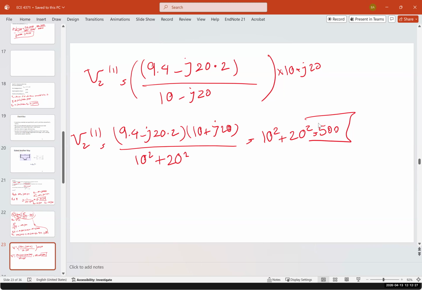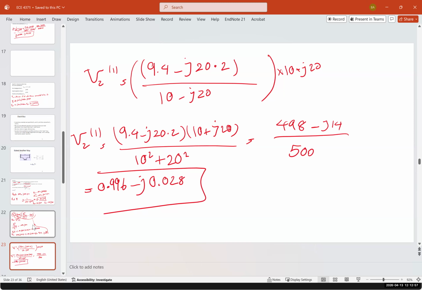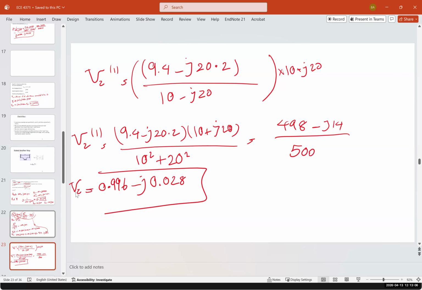This is for the denominator. And the numerator, if we multiply them, we get 498 minus j14. Therefore, V2(1) is going to be equal to 0.996 minus j0.028. This is an example from the book, by the way, from the homework. Okay, so this is going to be V2.